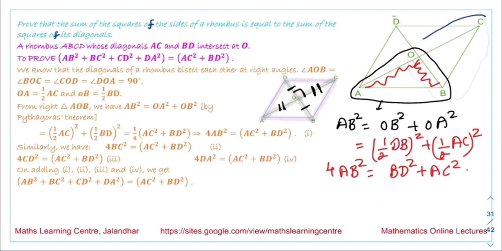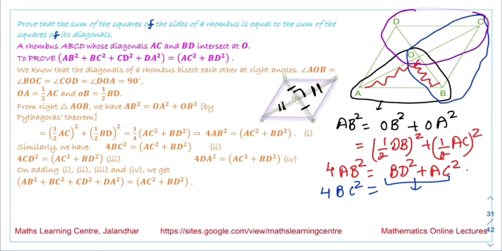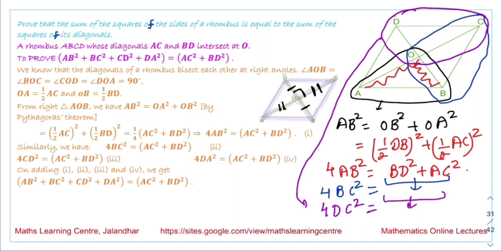Similarly, if we consider the second triangle, we get 4 times BC square is equal to the sum of the squares of diagonals. Next, if we consider triangle DOC, we get 4 times DC square is equal to the sum of the squares of diagonals. And last, if we consider this triangle over here, we get 4 times AD square is equal to the sum of these values.